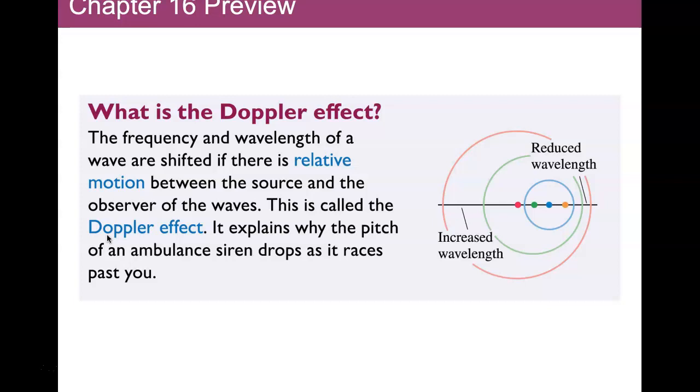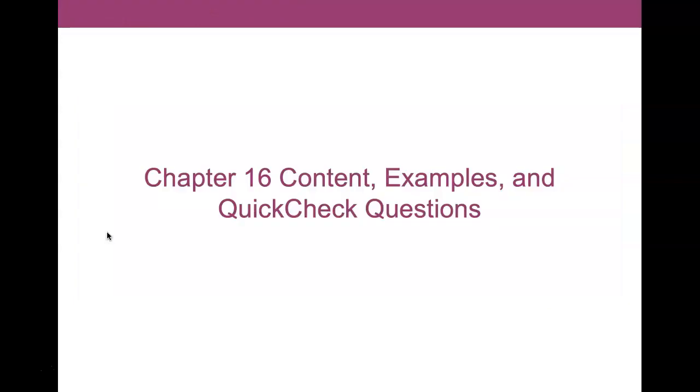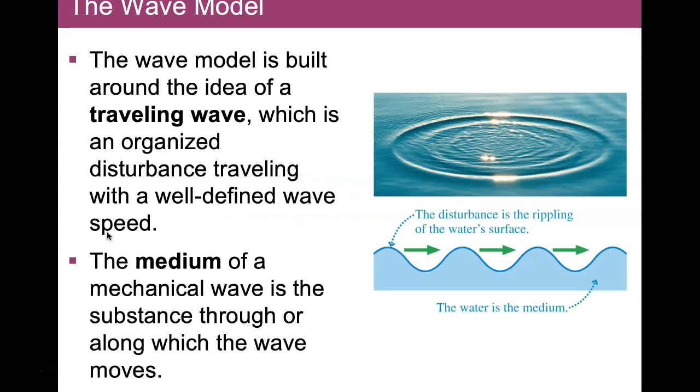Again, there are consequences for the wavelength that we observe when the source itself is moving relative to the observer. So we discuss the Doppler effect, and that's roughly an overview or a preview of what we'll be talking about in this chapter. So let's get started.